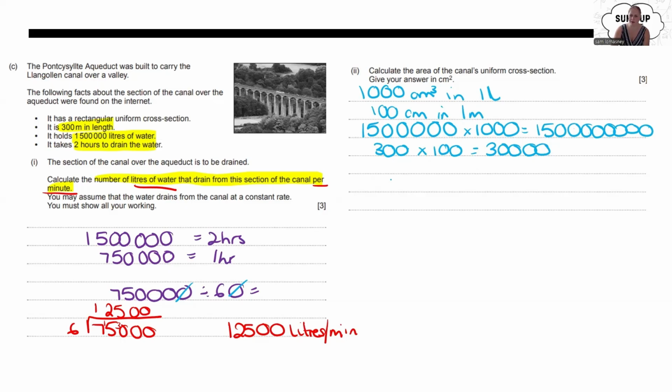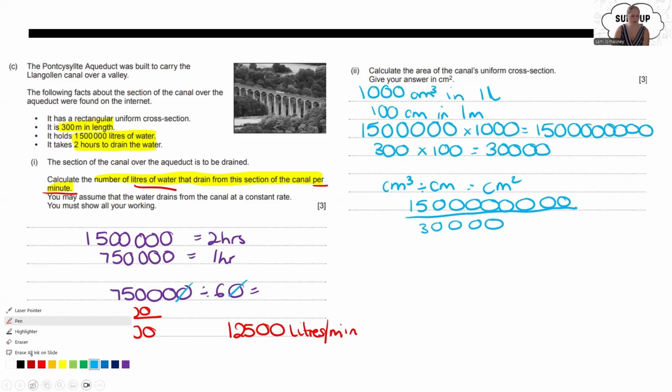Now, if we do centimetres cubed divided by centimetres, would it give us centimetres squared? I'm going to use the same logic and do it on these horrible numbers. So all I'm going to do is write out all of my zeros, divide it by my 30,000, and then do the cancellation method.